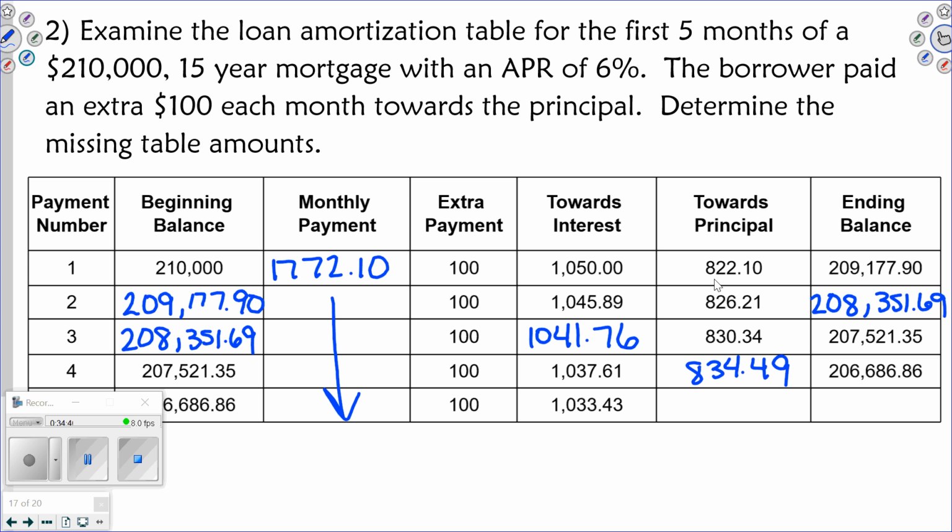Take your monthly payment, subtract off the interest, add the extra 100 back into this. So $838.67. And then to get the new ending balance, beginning balance minus it is not 0. I mean, that'd be great, but no. I mean, I still owe over $200,000, but you know.